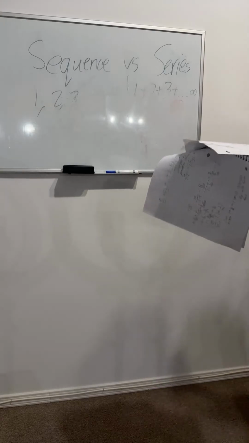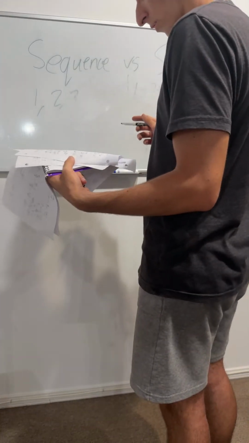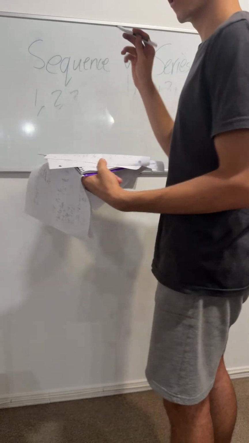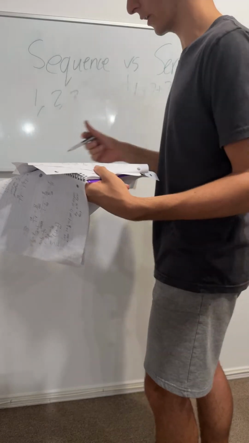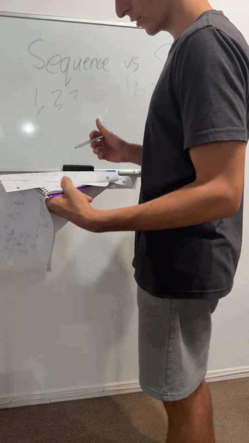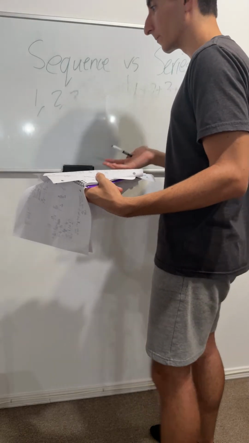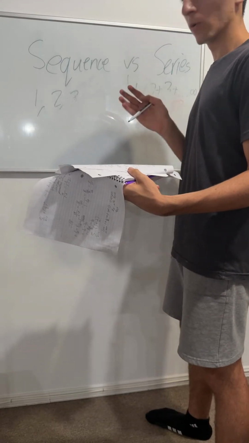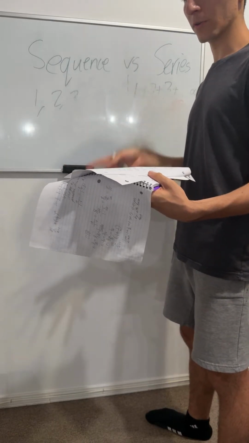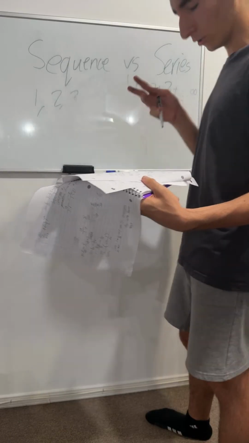I hope that got across, guys. What we did was we found what A2 over A1 was. We found A3 over A2. We saw that they matched. Both of them were e over pi, right? So whenever we saw that they were both e over pi, we knew we had found their R. R was e over pi.